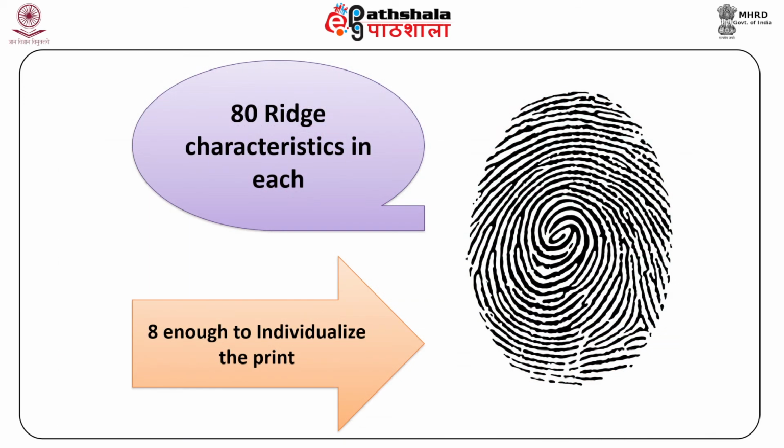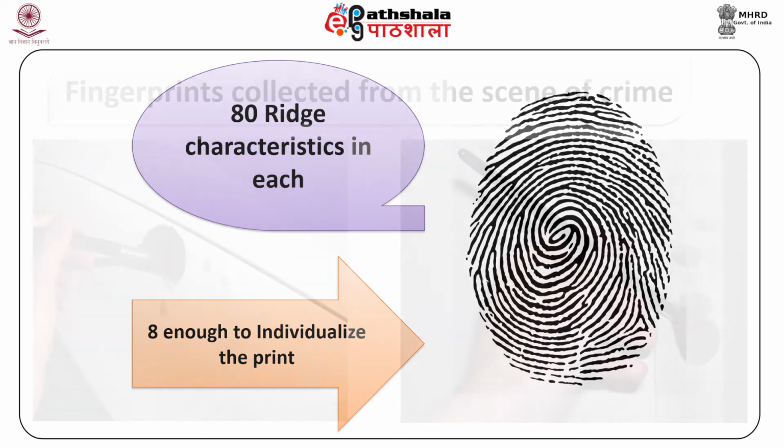On average, there are about 80 ridge characters in a fingerprint. According to Indian law, the location of 8 characteristics is enough to individualize a person.